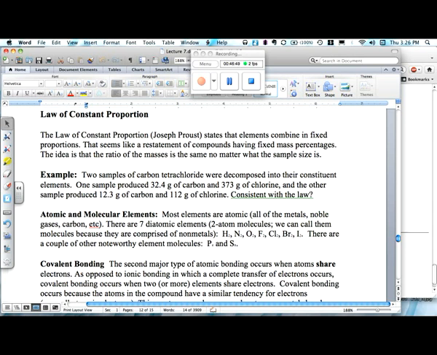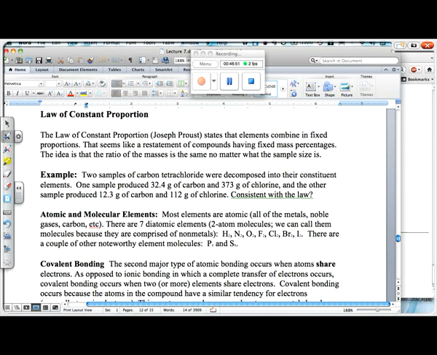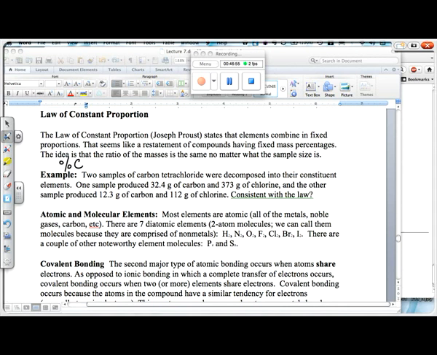Well, if we just talk about carbon, then the percent of carbon in the first one would be 32.4 over 32.4 plus 373, times 100. The second one would be 12.3 over 12.3 plus 112, times 100. So let's see what we get when we do that.